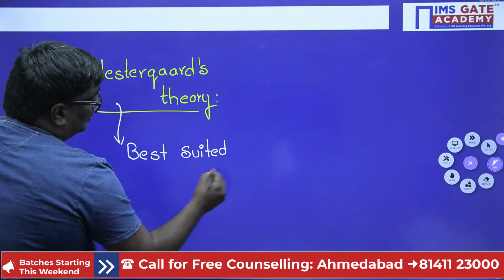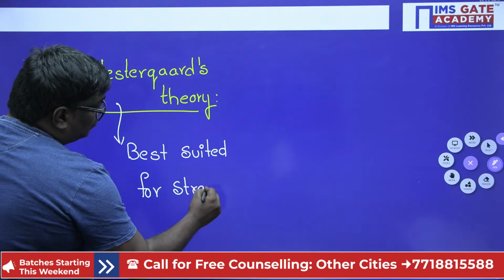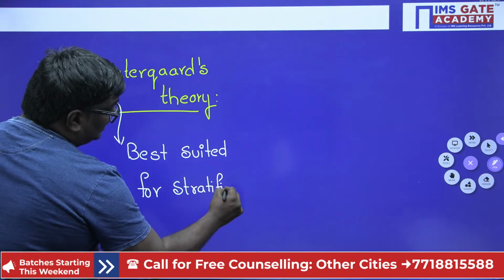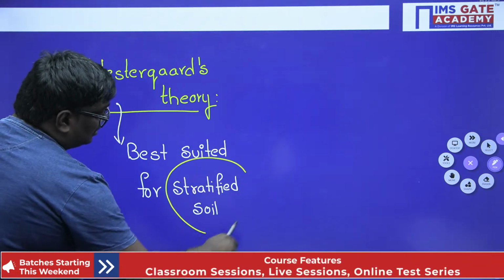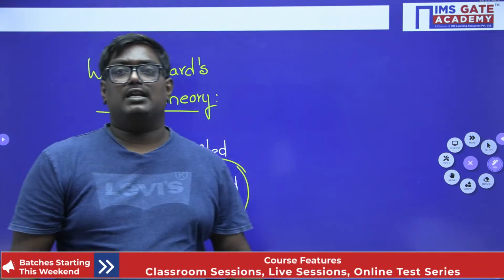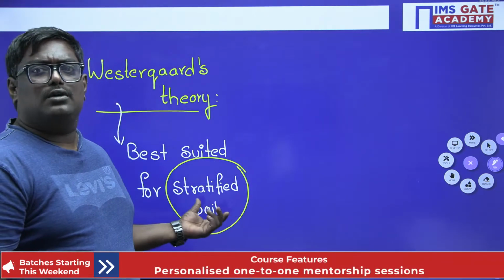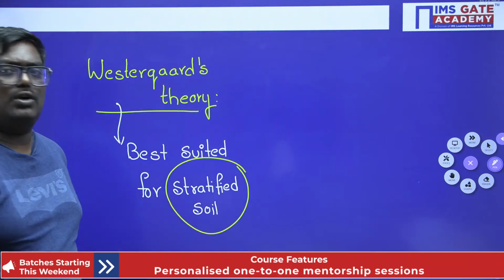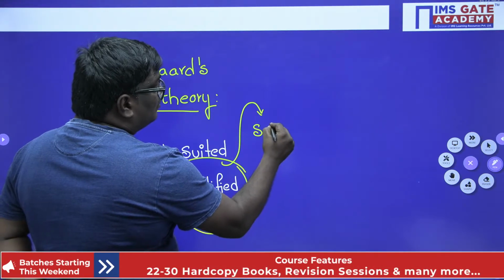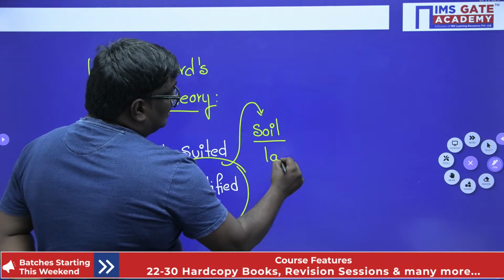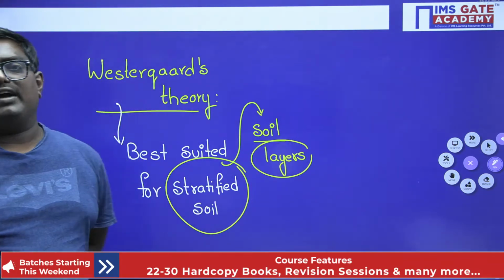What do you mean by stratified soil here? Anyone, my dear students? A soil. Very good, Dilip. A stratified soil is nothing but a soil in the form of layers. A soil which is in the form of layers is nothing but the stratified soil.